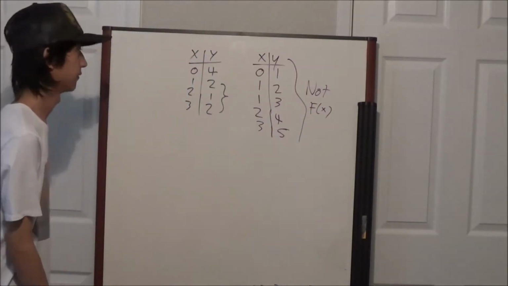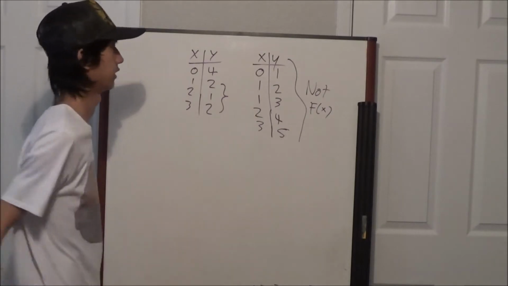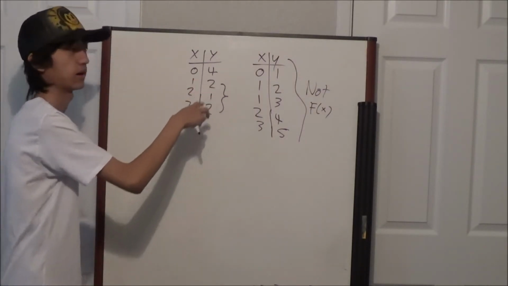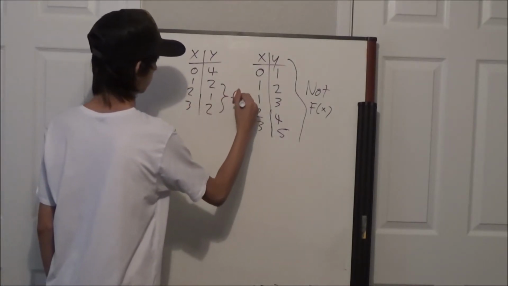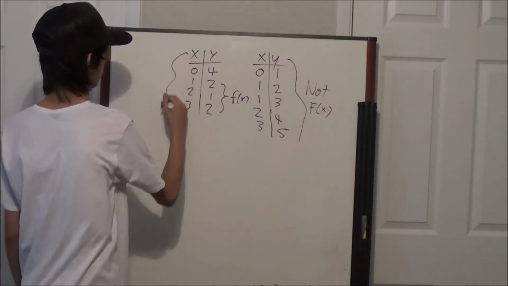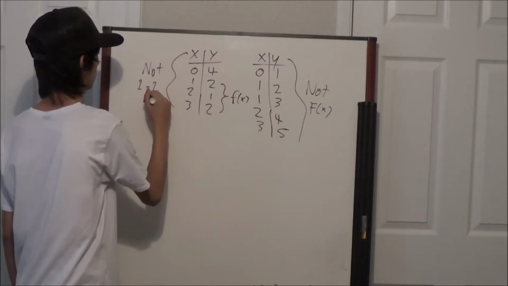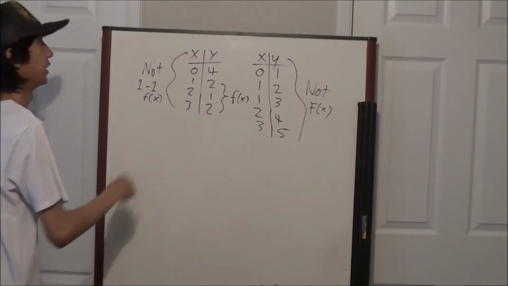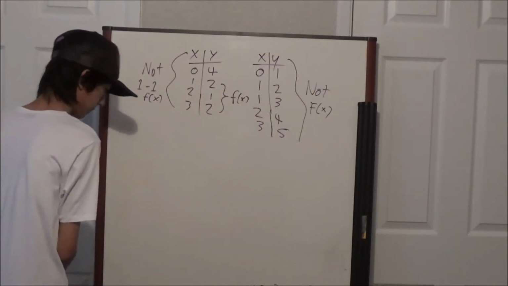Okay? Not a function. You cannot have two different y values for the same x value, but you can have two different x values for the same y value. Okay? This is still considered a function. It's just not a one-to-one function. That's it. It's just not a one-to-one function. But it is a function. That is not a function. Okay?